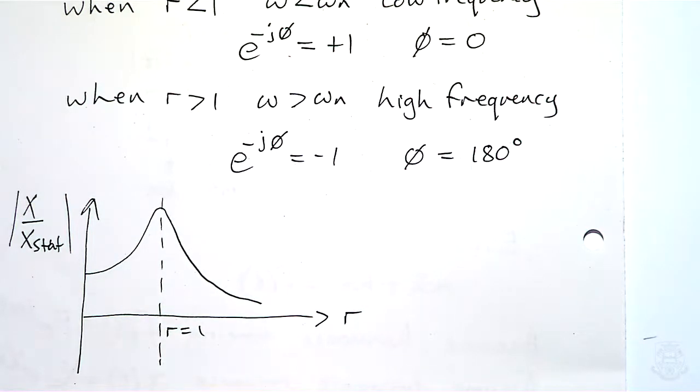The phase, we know, has just two values, hasn't it? It's 0 or 180. So the phase just goes along at 0 until it gets to R equals 1, and then it jumps up to 180 and goes like that.